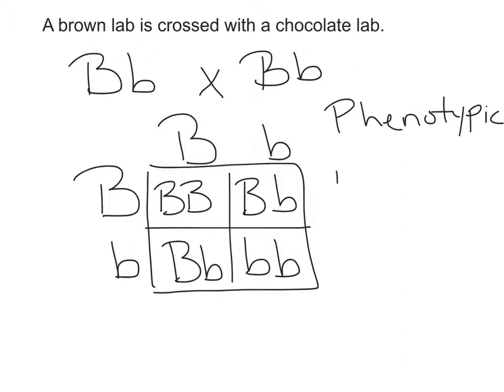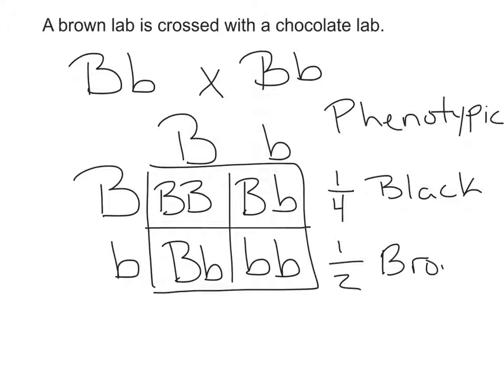So big B is going to be black. 1/4 of our boxes have the big B, so we have 1/4 black puppies. Half of the boxes have big B, little b, so those are brown dogs. And the last 1/4 of the boxes are little b, which means that we're going to have yellow labs.